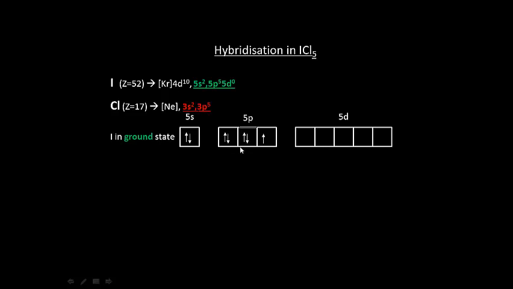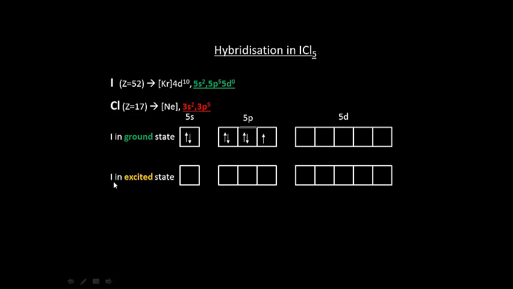We can do this by exciting 2 paired electrons from the 5p orbital to the 5d orbital. Then we have an excited state of iodine with 3 unpaired electrons in the 5p orbitals and 2 unpaired electrons in the 5d orbitals.